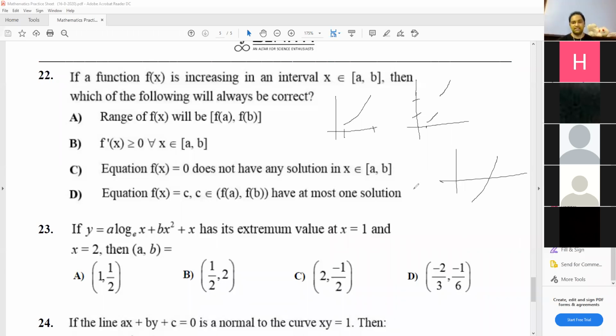But if it's a strictly increasing function like this, so कोई भी value ले लो between f(a) and f(b), either it will have a solution or it will not have a solution. And if it does have a solution, it can only have one solution because it's a strictly increasing function. ठीक है? हाँ सर.